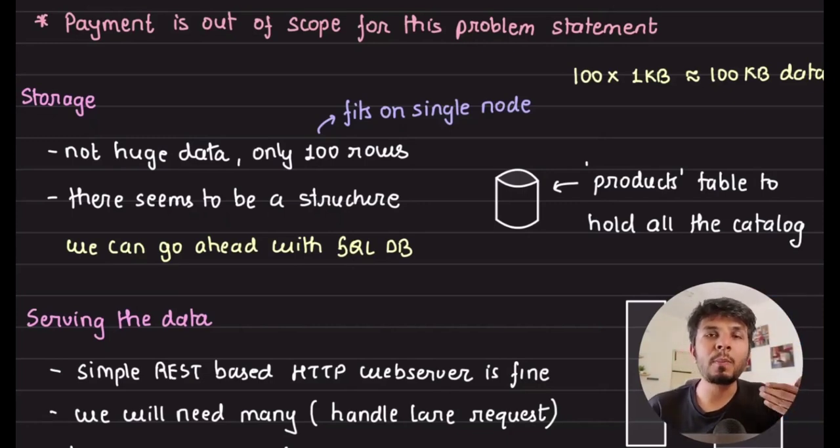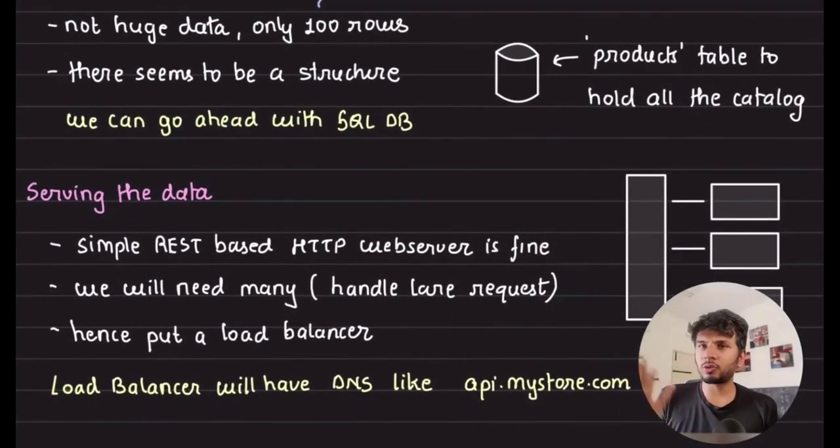There's not much that we are doing, but we still have decent enough structure: title, description, colors, maybe a few reviews here and there. A SQL DB would work just fine because data is not huge. It does not make sense to go for anything fancier over here, right? So our storage is now fixed to a relational database in which we have some schema, listing all the catalog that we have, right? Okay. Now the storage part is done.